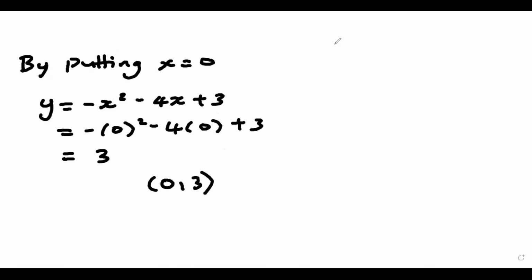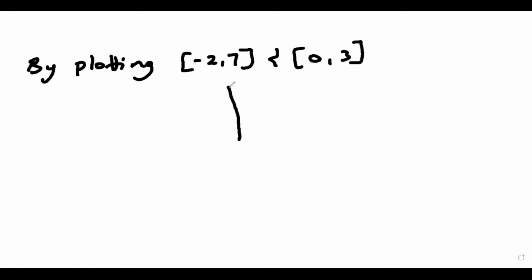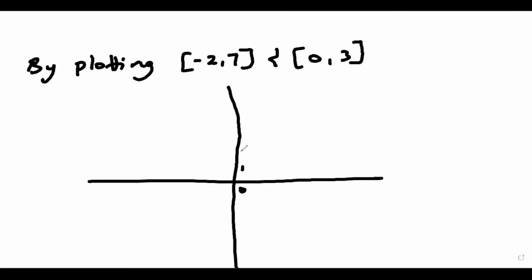So now we can plot this on the graph. Draw your sketch. So now we have (-2, 7), which is here, and we have (0, 3), which is here.